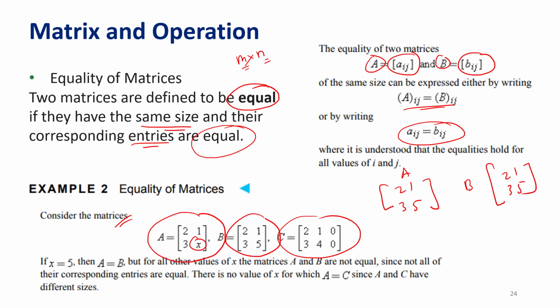And this one we call matrix A and matrix B equal because they have the same size and the same value for each entry.